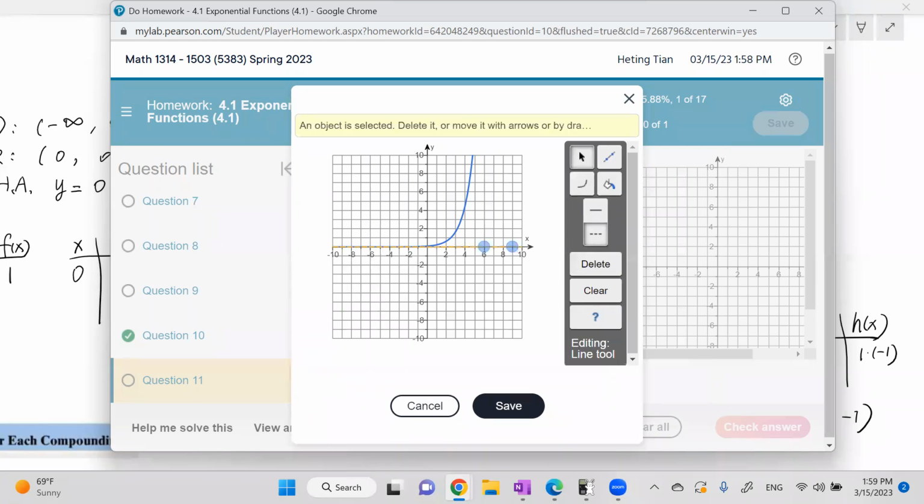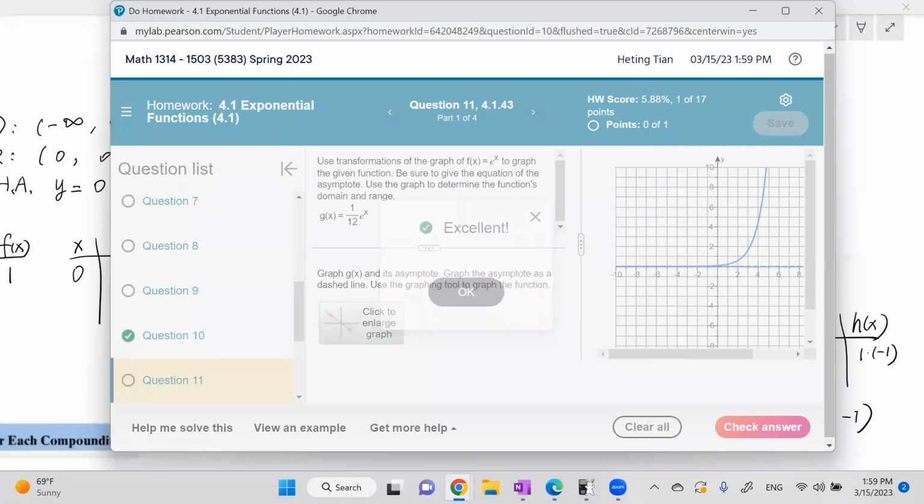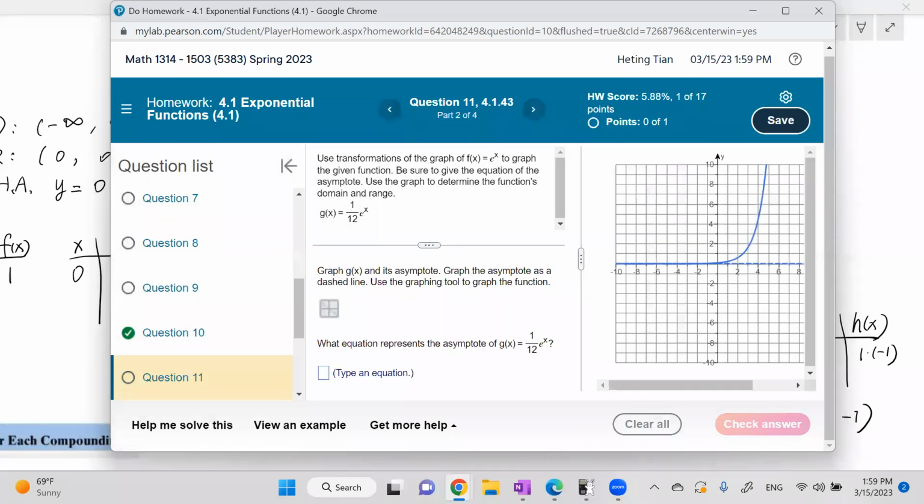We can pick 2 points. Yes, and then we save. Hopefully no mistake. Yes. What is the asymptote? y equals 0. You follow the same method we mentioned in question 10.